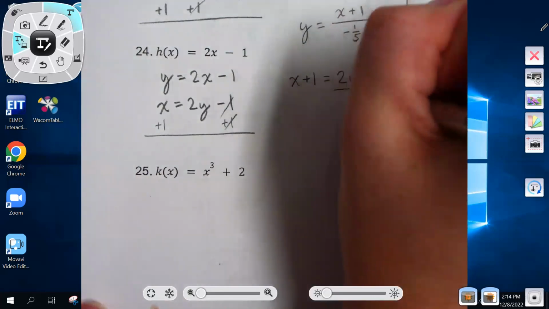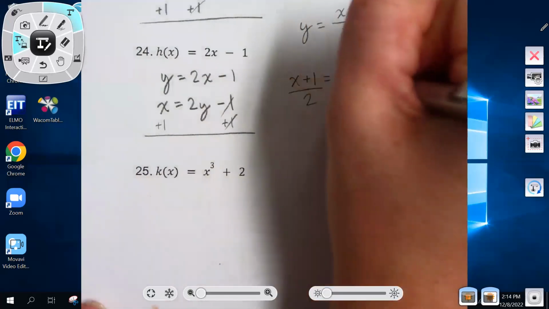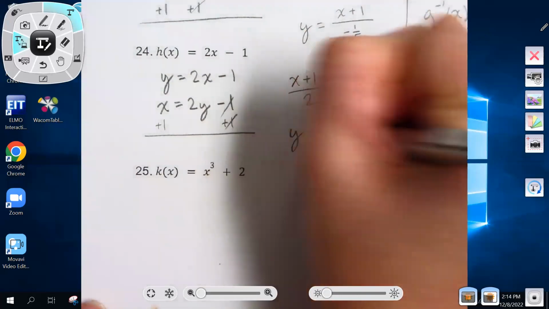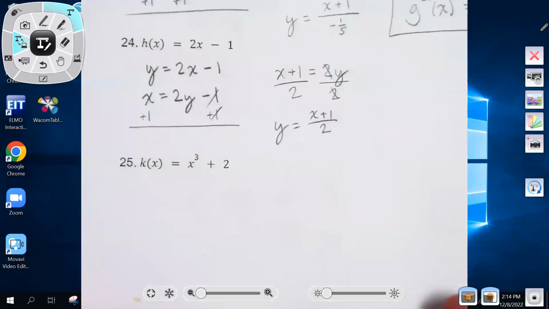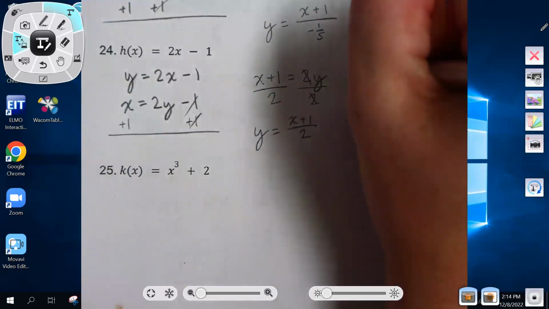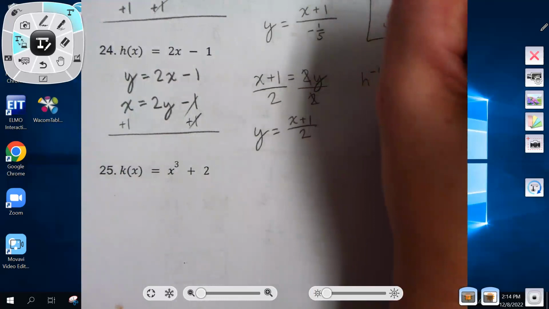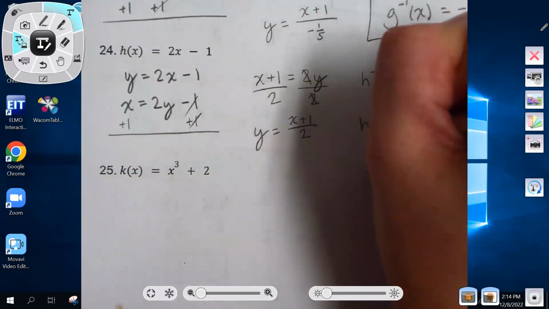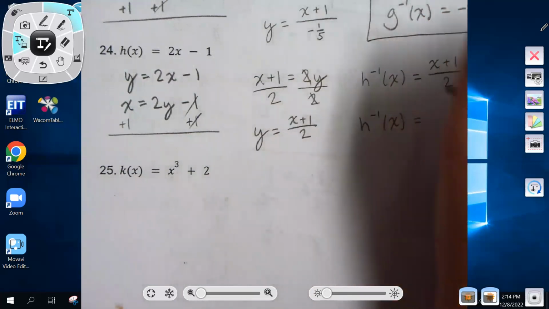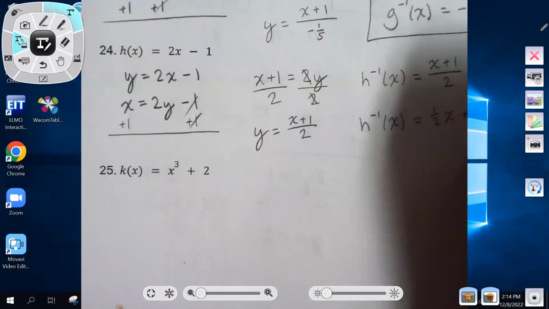And I'm going to divide both sides by 2 to get y by itself. So y equals x plus 1 over 2. So your answer, h inverse of x, you could leave it as x plus 1 over 2. You could go ahead and divide everything by 2. So you get 1/2 x plus 1/2.